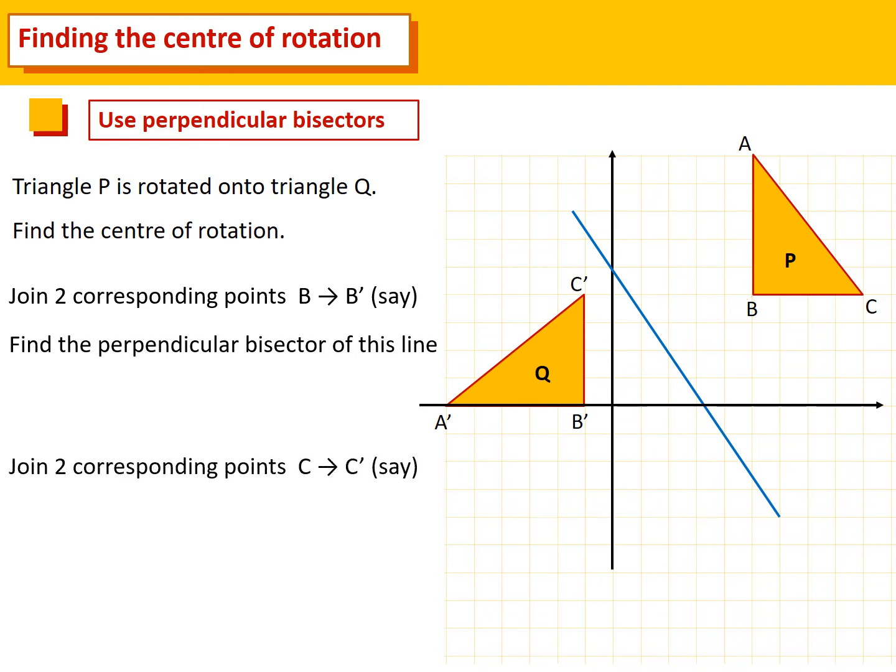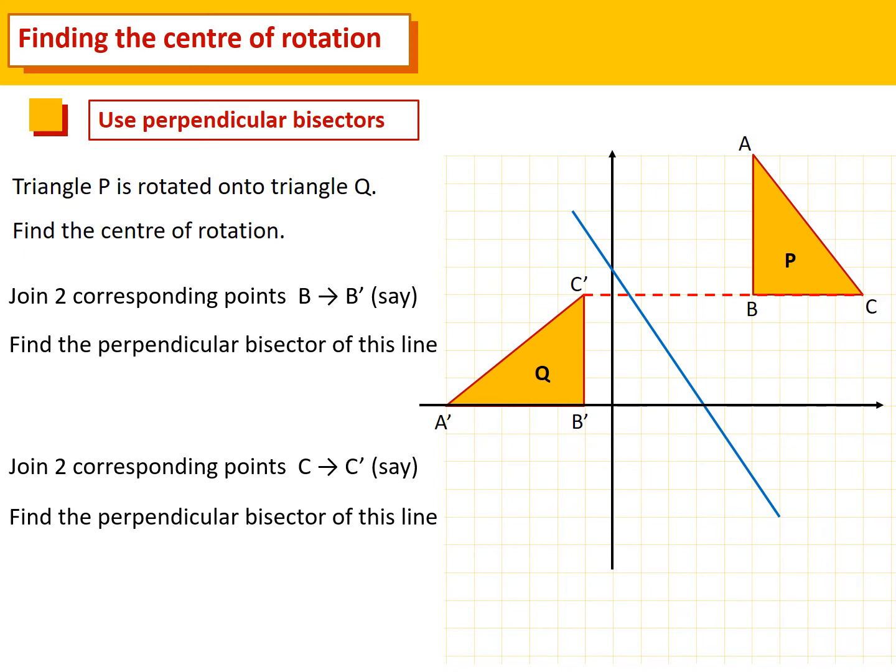Once we've done that, we pick two other corresponding points. I'm choosing C to C dash. I could have drawn A to A dash if I'd wanted. I join C to C dash. I find the middle of that line because I want to find the perpendicular bisector.